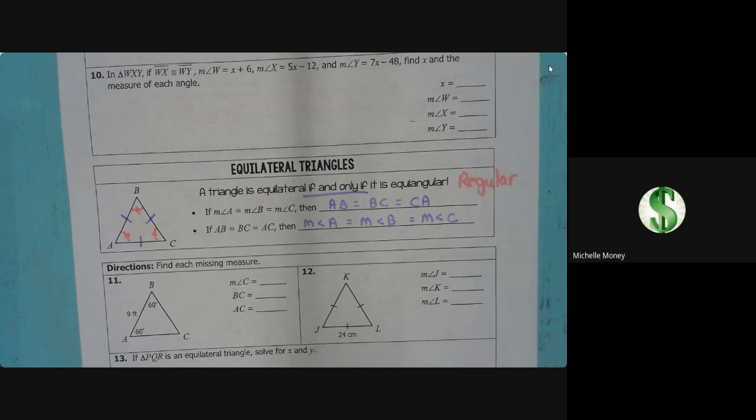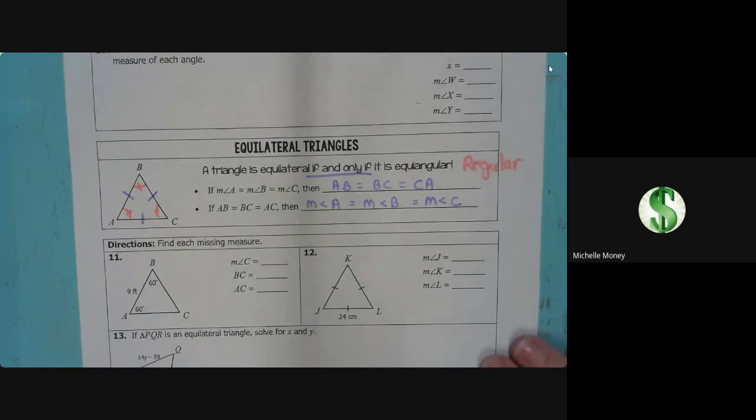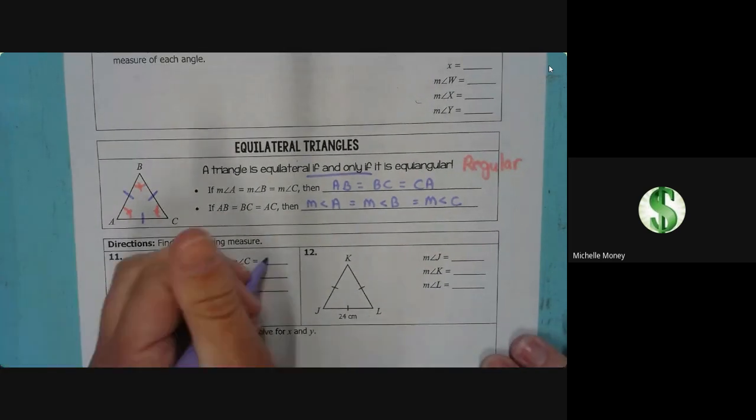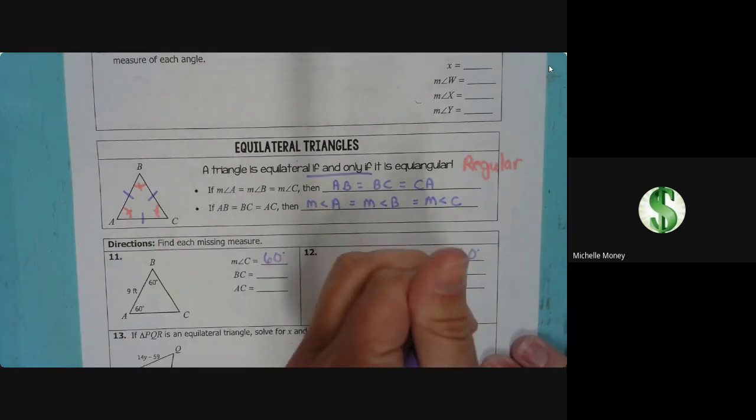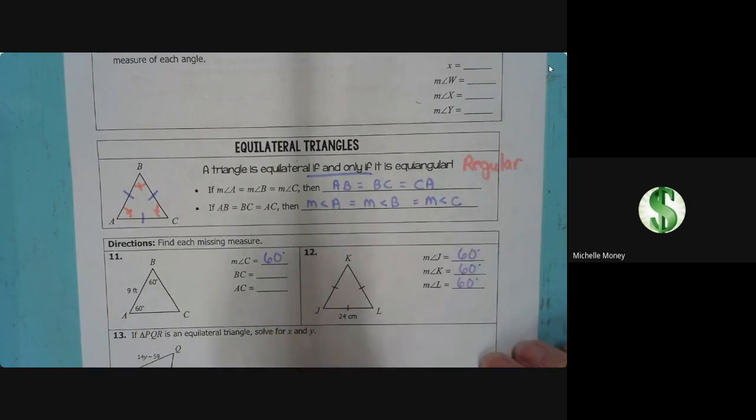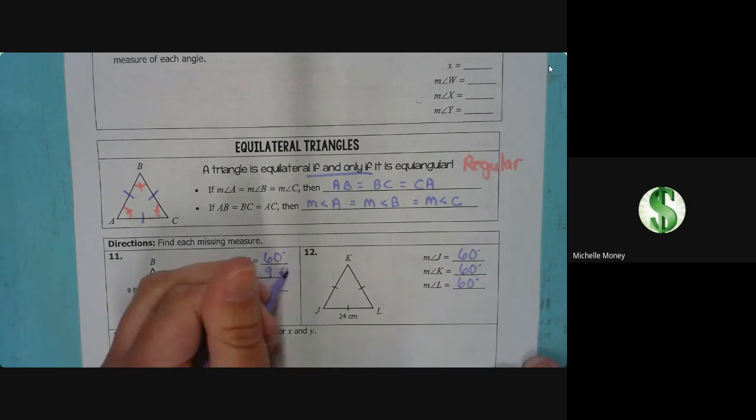All right, so number 11. Real easy. It asks us angle C. Well, we know in an equilateral triangle, they're all going to be 60. So we can actually fill that in right here. Okay. And then we know that the equilateral, so these are all going to be 9 feet.